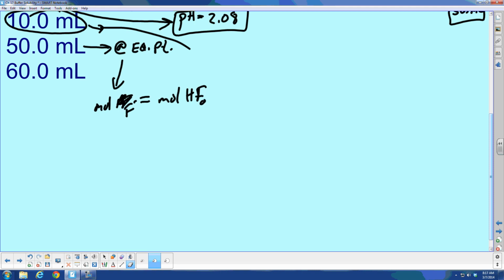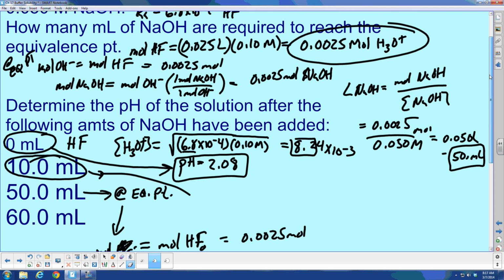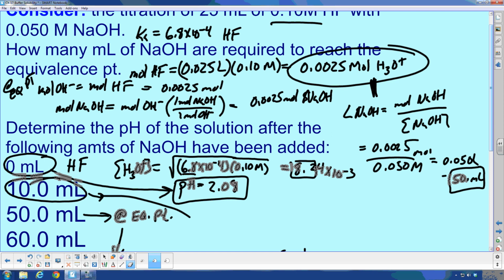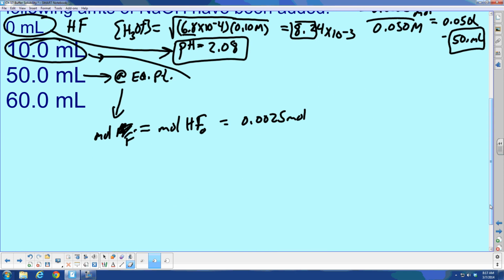HF original, which is equal to that 0.0025 moles. Wait, where did that come from? We calculated that in step 1, right? Right here. We calculated the moles of my HF original. So we can keep using that value. So here it is. That's how many moles of F minus I have.